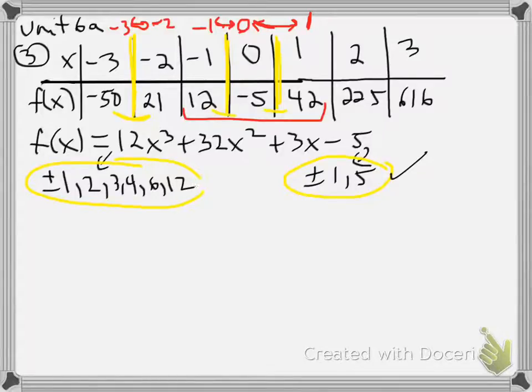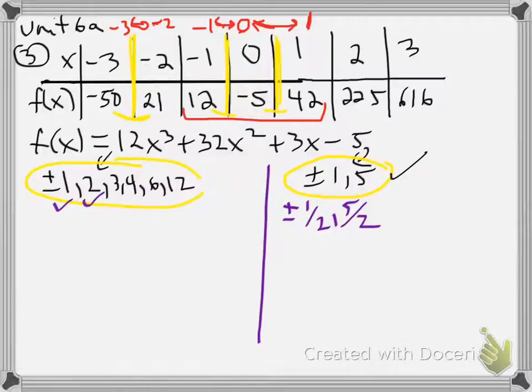This is the first set on top. If you divide them both by 1, you get those. So we'll make our list right here. There's the first set. The next ones are going to be this number underneath both of those. So that's plus or minus 1/2 and 5/2, which is plus or minus 2.5.